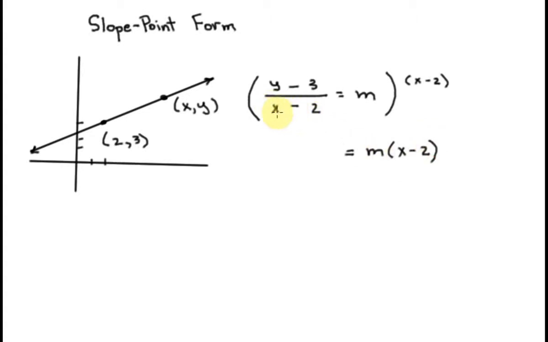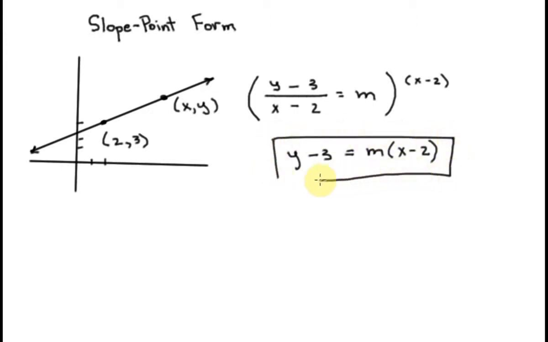And on the left side, the x minus 2 on the bottom would cancel with the x minus 2 that I'm multiplying by, and I'm left with y minus 3. Well, this, believe it or not, represents the equation of the line in something we call slope point form.